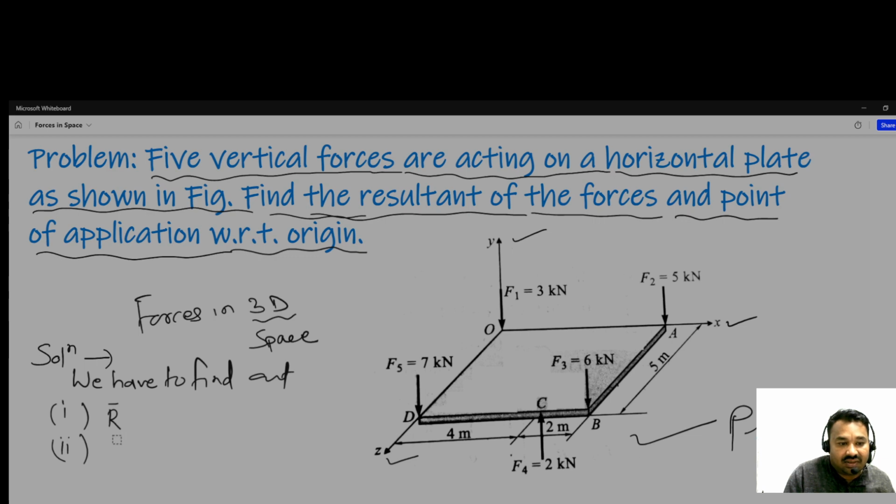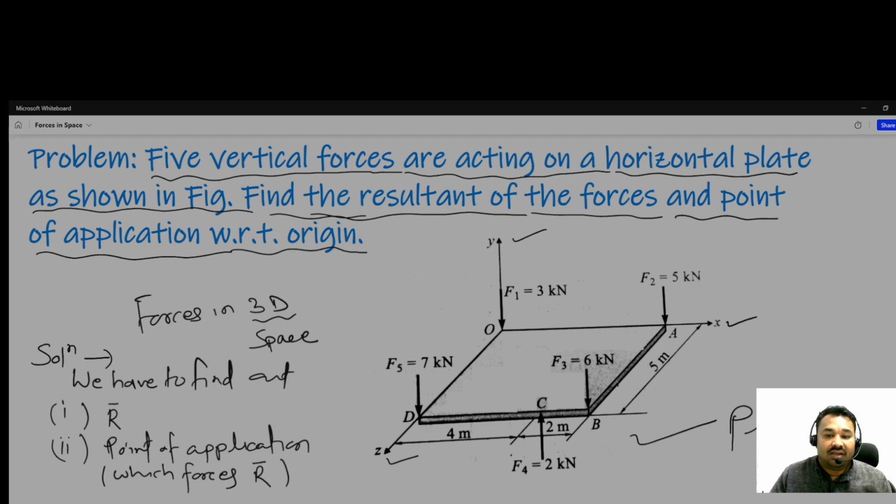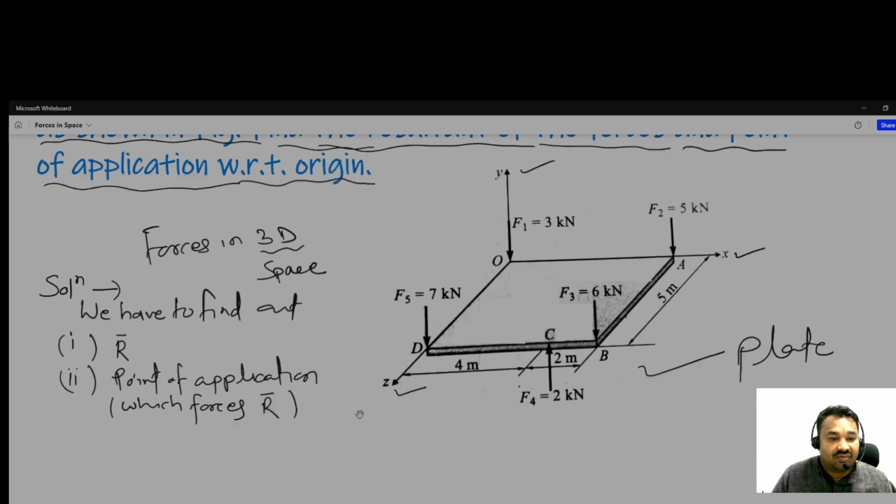Okay, application of which force? So obviously the resultant. Okay, so let us move forward.